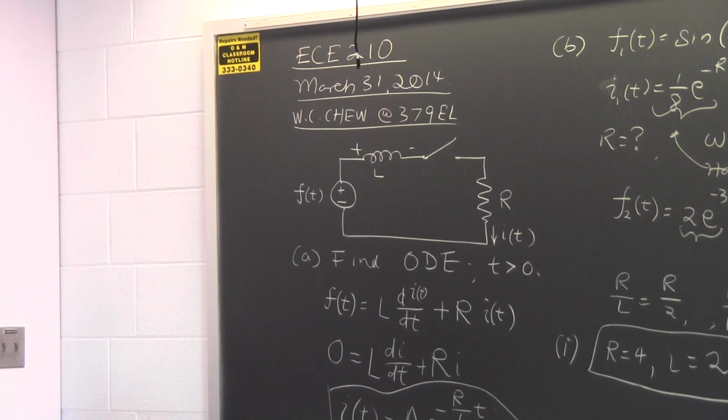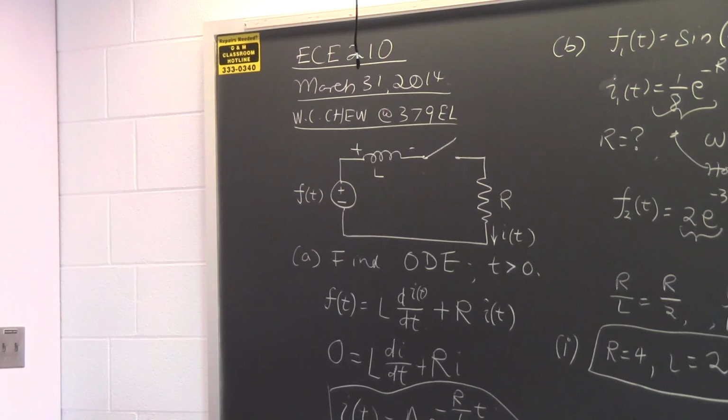And then with part 3, find the steady state response. I have a question about the previous one. Why don't you have to account for the initial conditions?